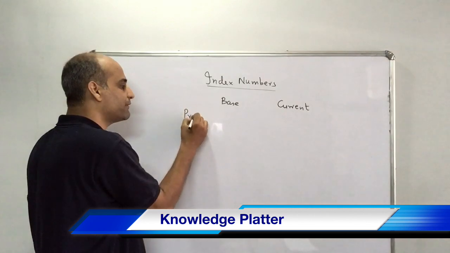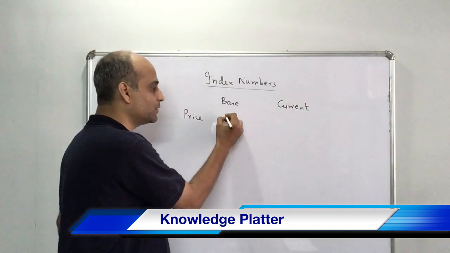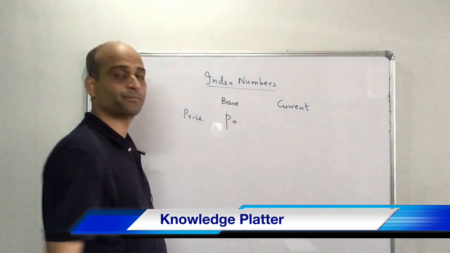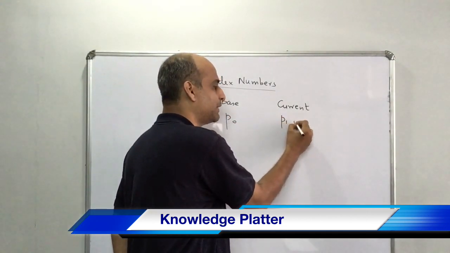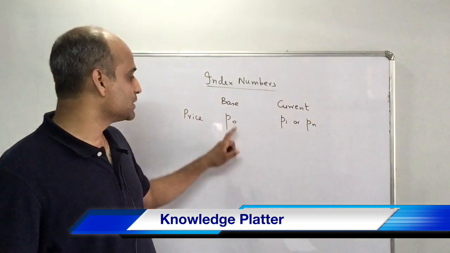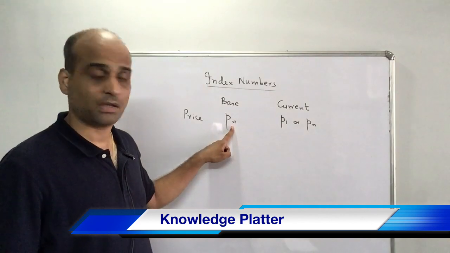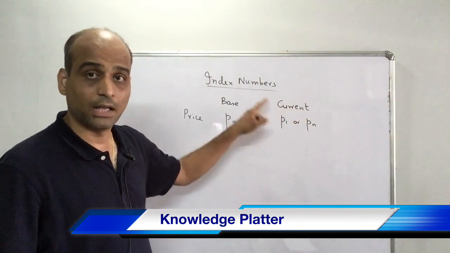Now any price value of the base period would be denoted by P0. And for the current period, the price value would be denoted by P1 or Pn. Okay, so 0 is the subscript for the base period and 1 or n is the subscript for the current period.